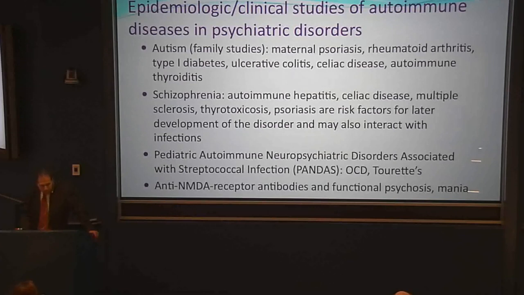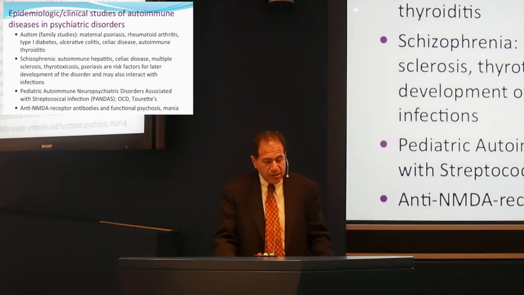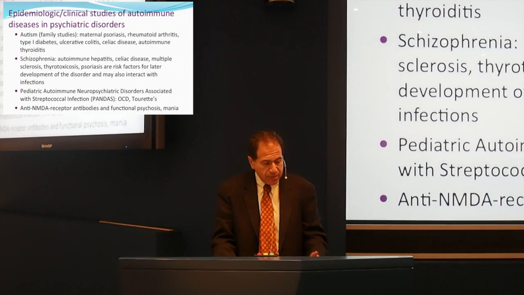PANDAS, or pediatric autoimmune neuropsychiatric disorders, a long name, are related to streptococcal infection and involve possible molecular mimicry, and have been related to OCD, obsessive compulsive disorder. And in complementing Betty's comments, there have been associations of anti-NMDA receptor antibodies with functional psychoses, as well as mania.